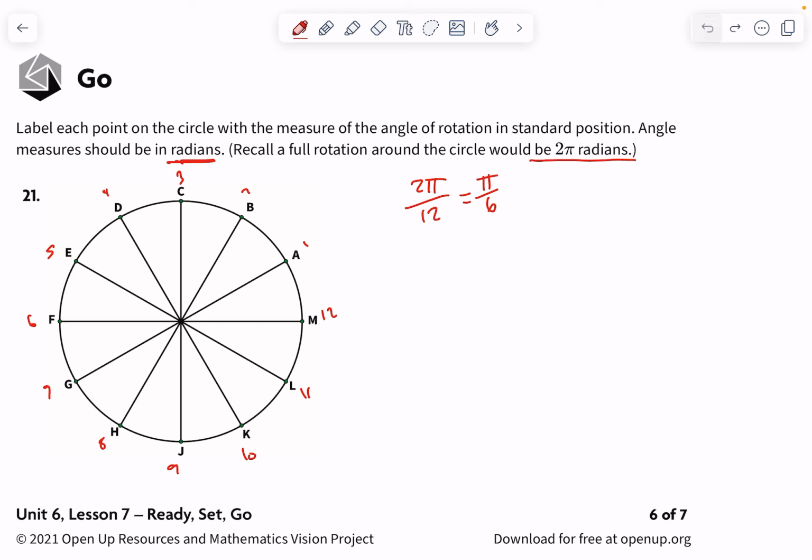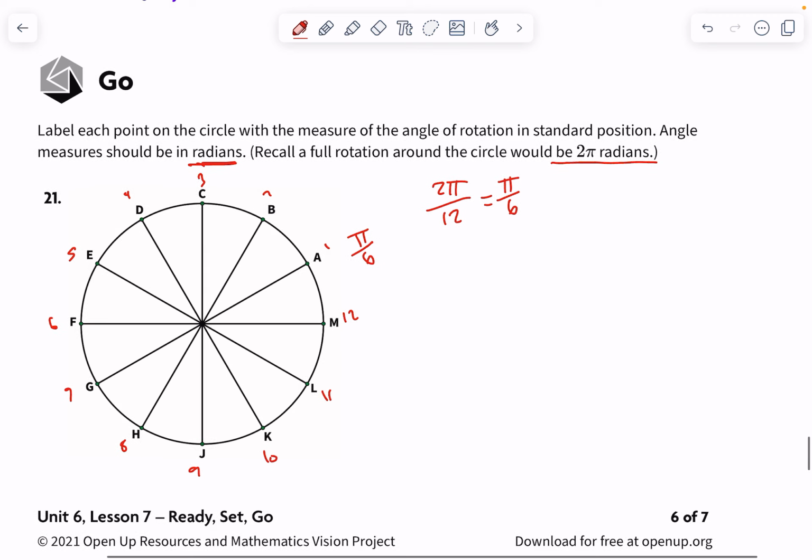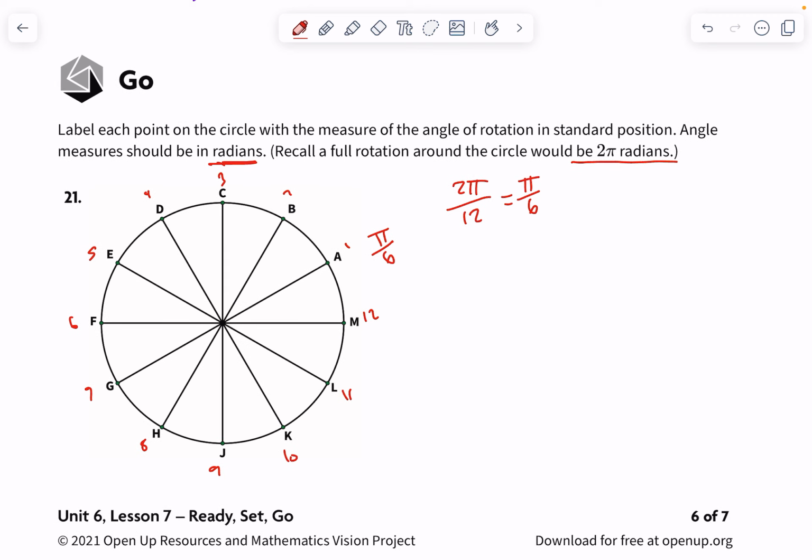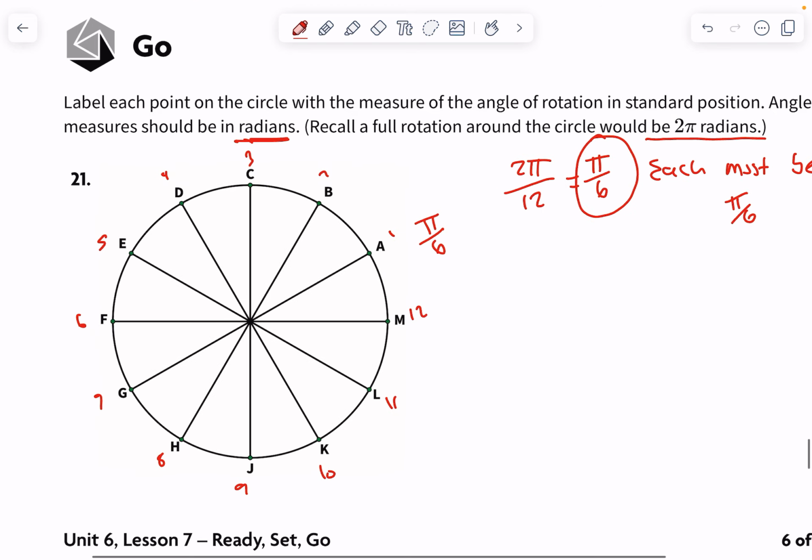And what does that mean for the rest of them? I add how much to each of them? I add pi over 6, right? I hope that's a big connection. So each must be pi over 6. But if I'm at pi over 6 already, now I'm adding pi over 6.